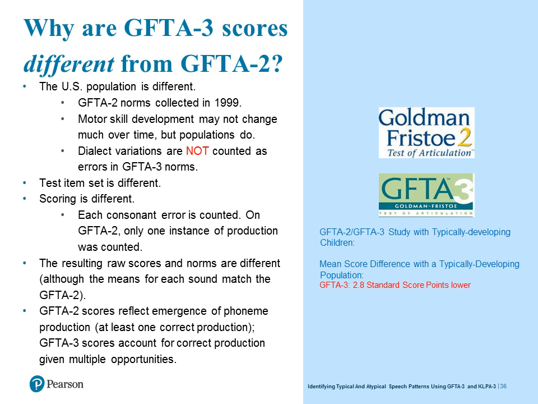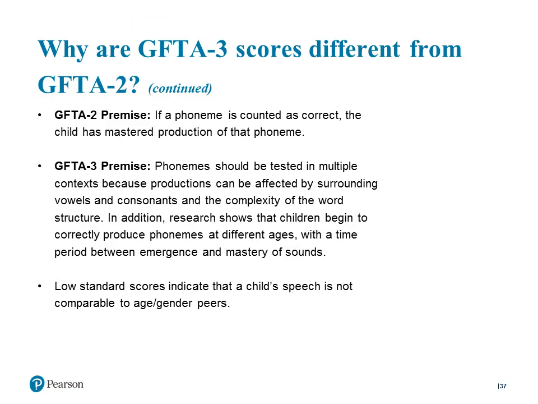Although the means for each sound in GFTA-2 and GFTA-3 are very similar, the raw scores are different, because there are many more raw scores to count in this. But there's another difference, and we'll talk about that in our next slides. It has to do with emergence versus mastery, as well as the premise between GFTA-2 and 3.